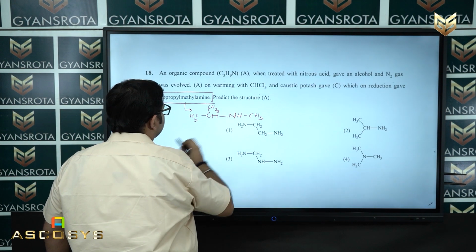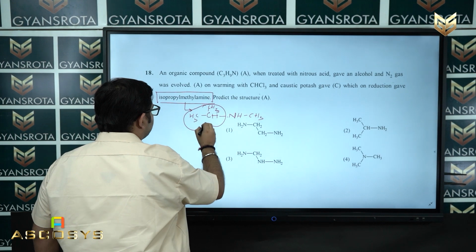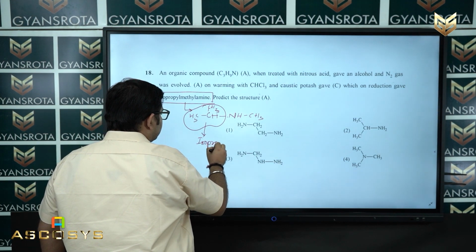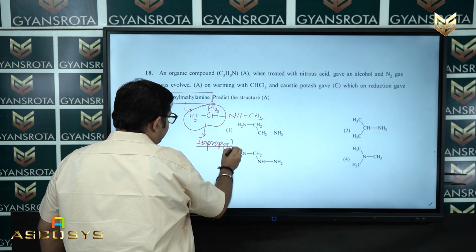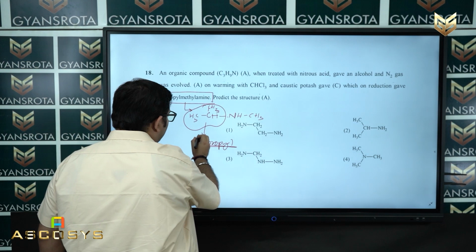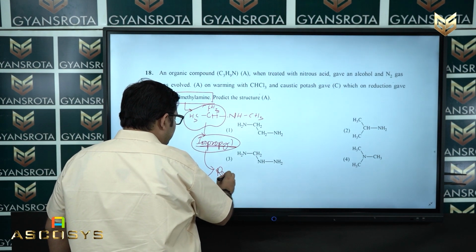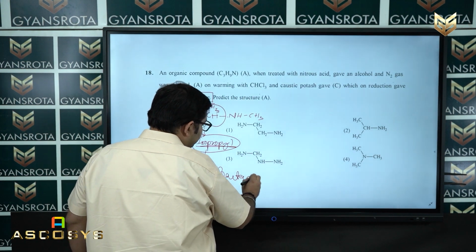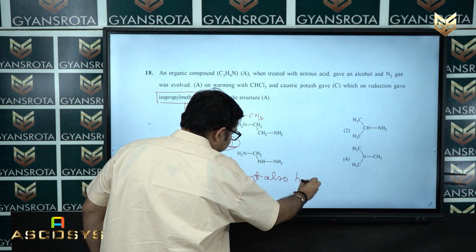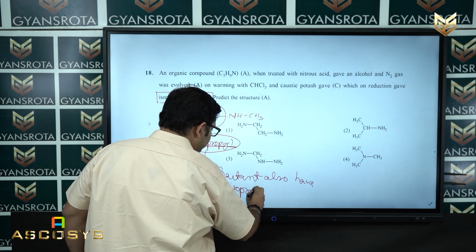Okay, 1, 2, 3, methylamine. Now, if you see this group, this group is known as the isopropyl group. If my product has this isopropyl group, then definitely my reactant also has the isopropyl group.